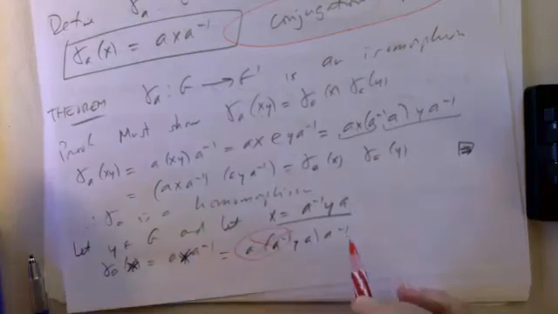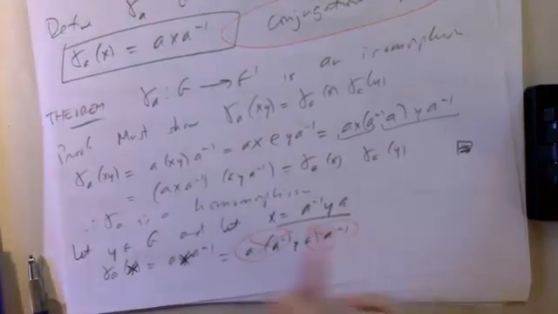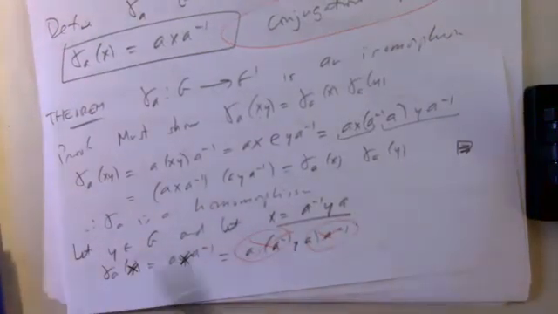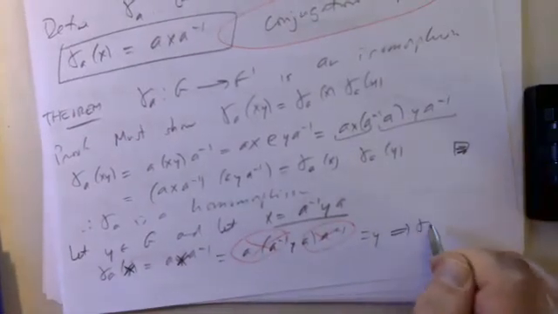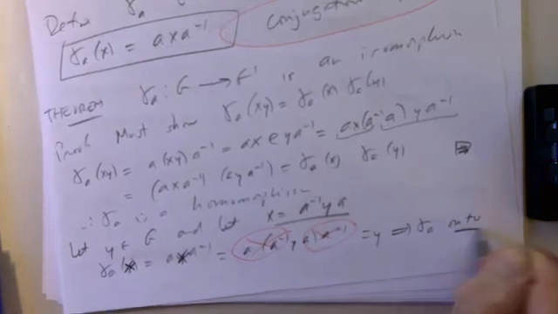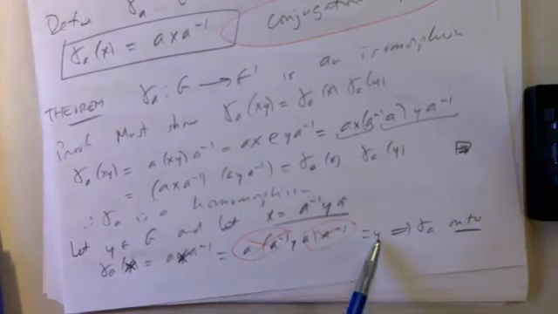A times a inverse cancel, that's the identity on both sides, and we're left with y, which means gamma sub a is onto. For every y, I found an x where gamma a of x is equal to y.